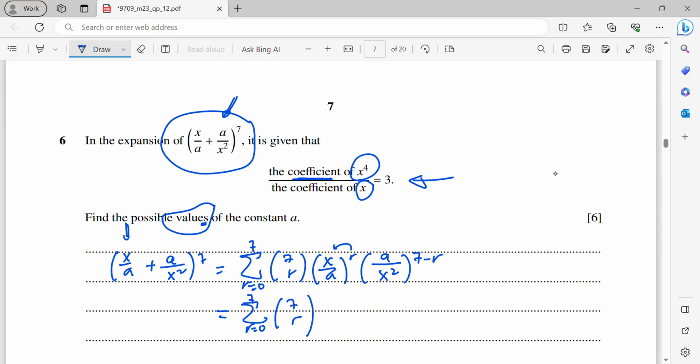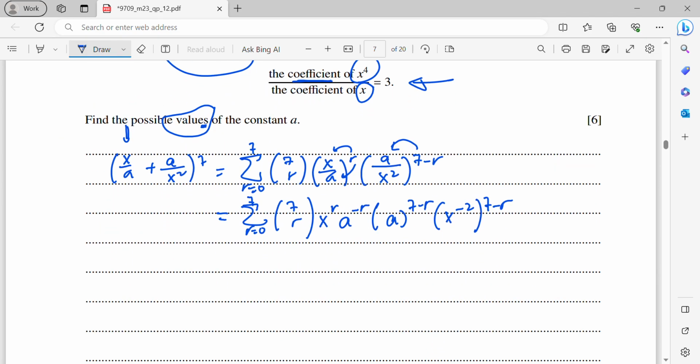Then bring in the r to both numerator and denominator. Then I will get x^r, then a to the power negative r, because the a is at the bottom. Then here I will get a to the power of 7 minus r. Then the x squared at the bottom means x to the power negative 2. So I will get (x^-2) to the power of 7 minus r, the whole term with power 7 minus r.